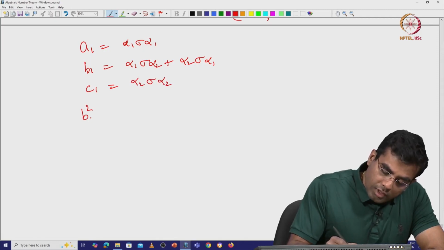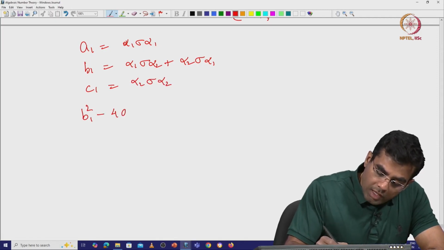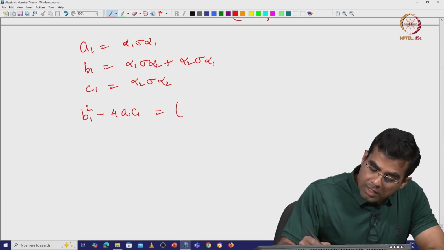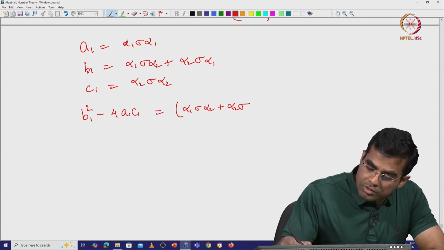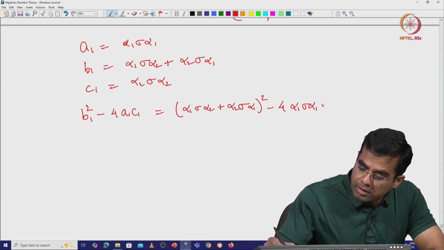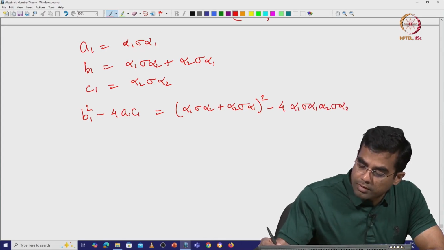So, b1 squared minus 4 a1 c1 is simply alpha 1 sigma alpha 2 plus alpha 2 sigma alpha 1 squared minus 4 times alpha 1 sigma alpha 1 alpha 2 sigma alpha 2.